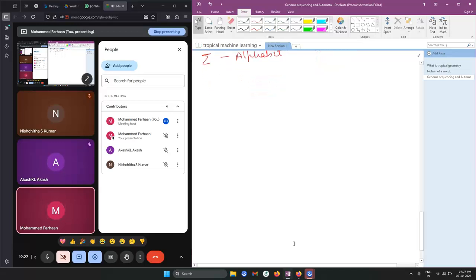There you go. So let's take a simple automata. I am going to take sigma equal to a, b. Let me just go ahead and draw it. S0, S1, S2.